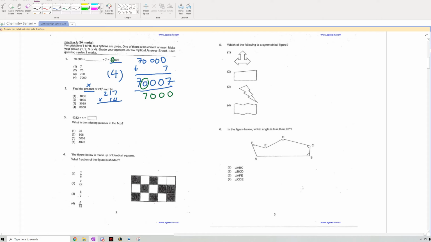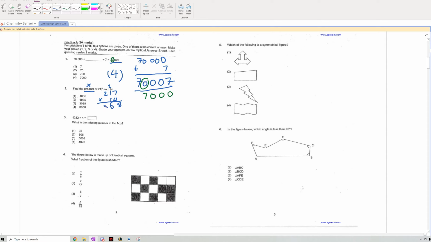So we have 7 times 2, which is 28. So we put the 8 over here and the 2 above the next place, which is in the tens place. Then we have 1 multiplied by 4 is 4 plus 2 is 6. Next, we take 2 multiplied by 4, which is 8.